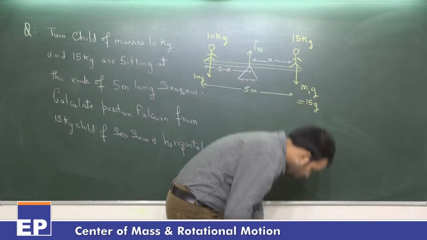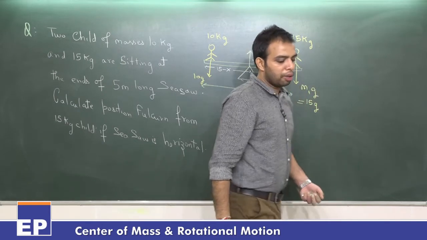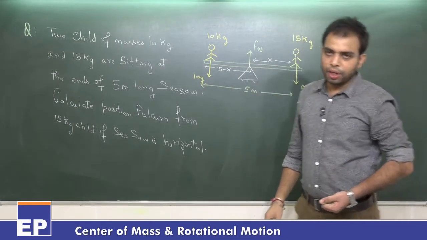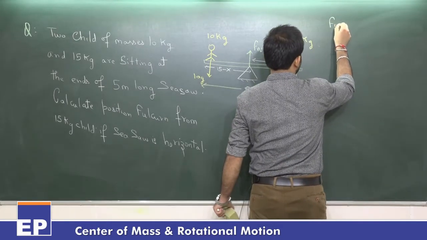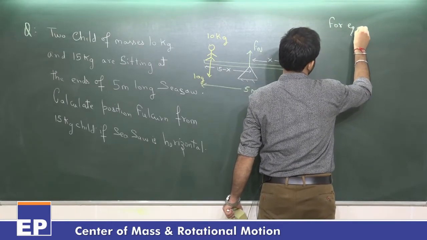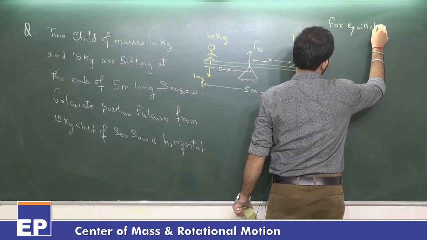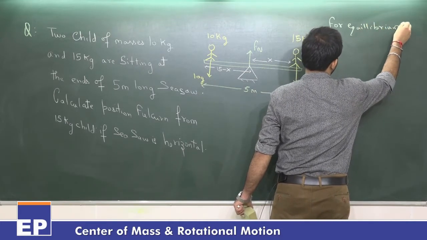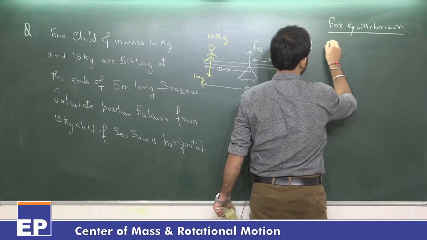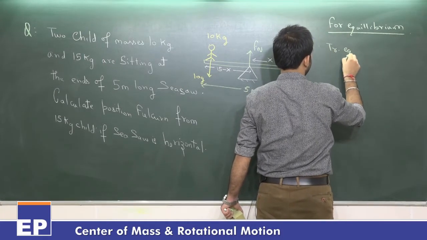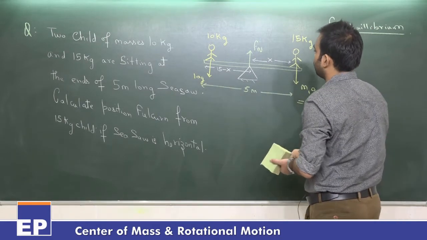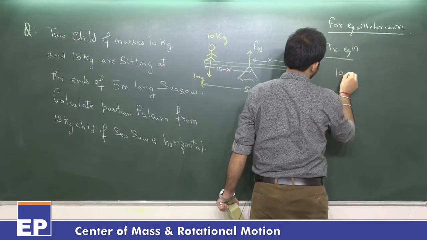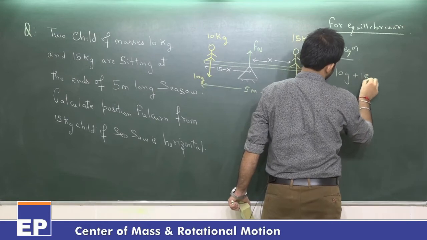Now if we look at the equilibrium of this body, since it is in equilibrium, you can directly say for translational equilibrium that the vertical forces are 0. That means 10g plus 15g is equal to Fn.